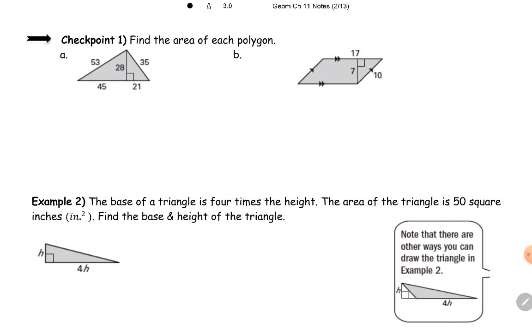Alright, find the area of each polygon here. Okay, so we have a triangle, and the area of a triangle is 1/2 the base times height. So if this 28 is the height, then the base would be 45 plus 21, which is 66.